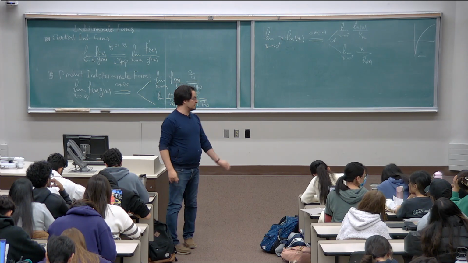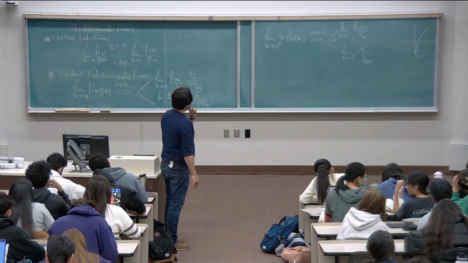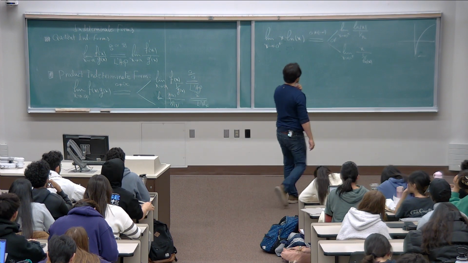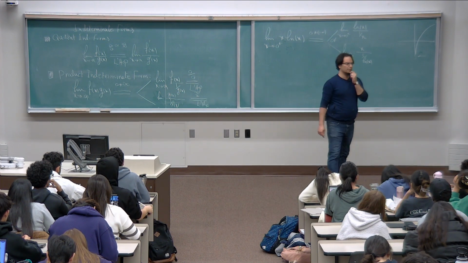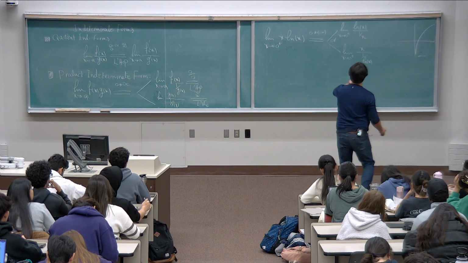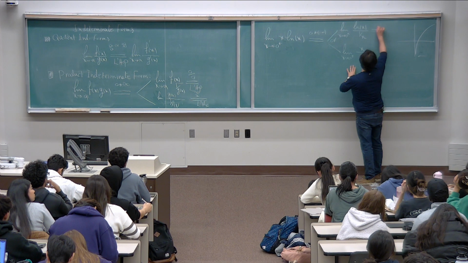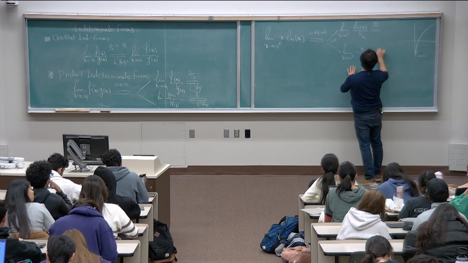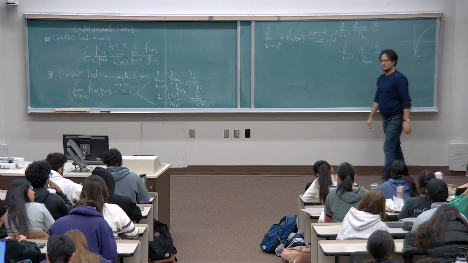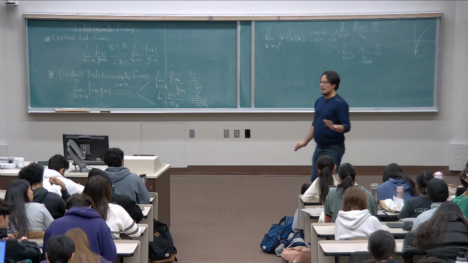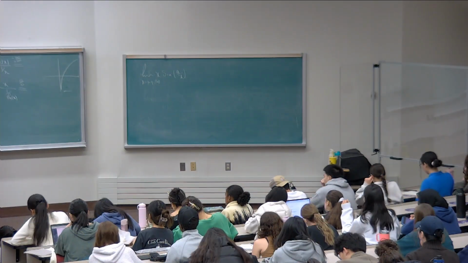The reason I'm going with this one is to let you know that sometimes it's not easy right away to figure out which one you want to do. This is infinity over infinity now, with minus plus. This guy is 0 over 0. Both of them you're allowed to use L'Hopital.